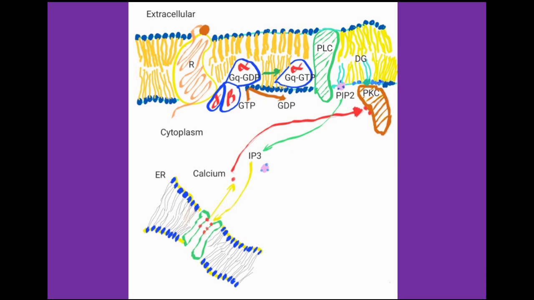Phospholipases are in general quite specific for unique phospholipids. For example, there is a phospholipase C that is specific to a phosphoinositide called phosphatidylinositol 4,5 bisphosphate, or abbreviated PIP2.